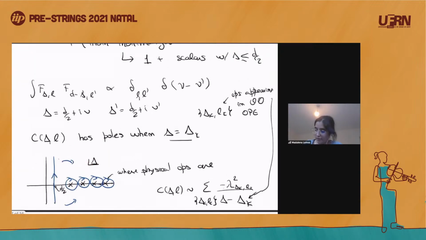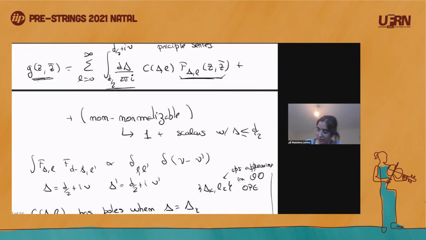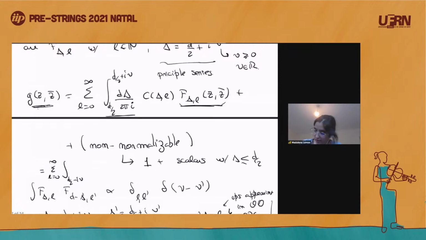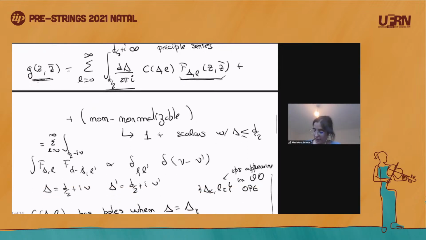I sort of skipped a step here, which is that I can now write this as an integral from, oh, okay, sorry, I realized what I did here. I wanted to integrate over nu from 0 to infinity. So that's the vertical line I drew.